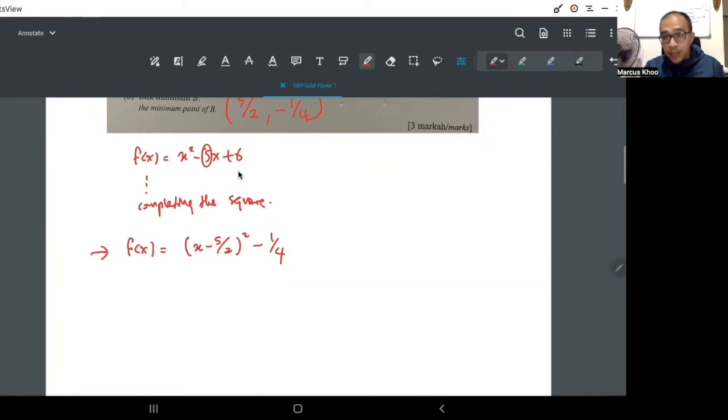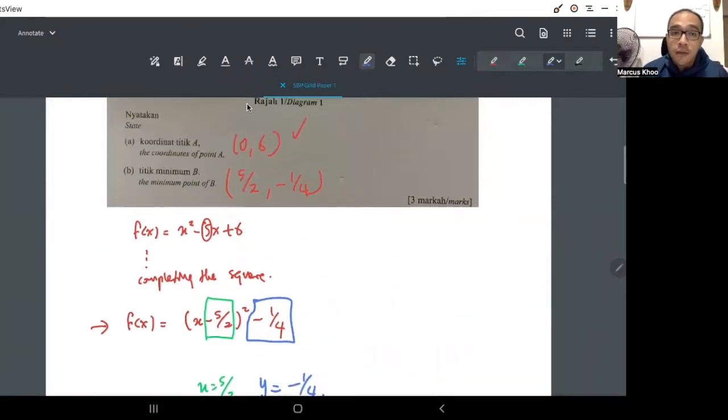Remember that we determine the x coordinate by taking this number next to the x, but we change the sign. So the x coordinate is 5 over 2, but the y coordinate is exactly the same. If it's negative, it's negative. So the y coordinate is negative 1 over 4.